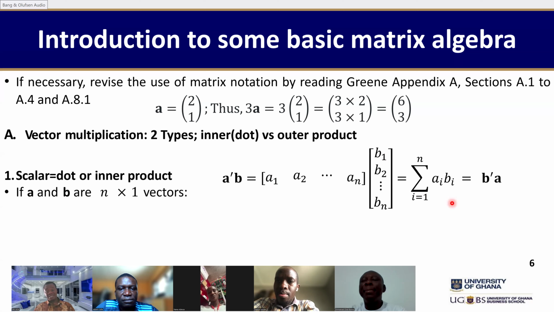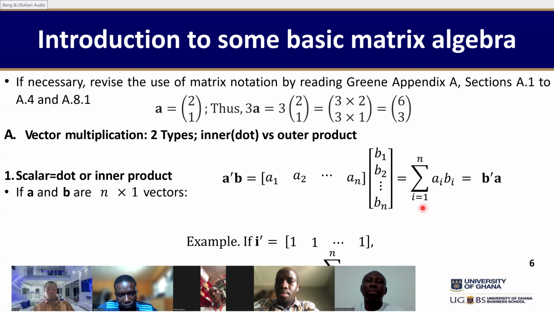I can sum these things and I can eventually get B transpose A. It's the same thing. In short, A transpose B is B transpose A. It's a very beautiful identity that you are seeing here.